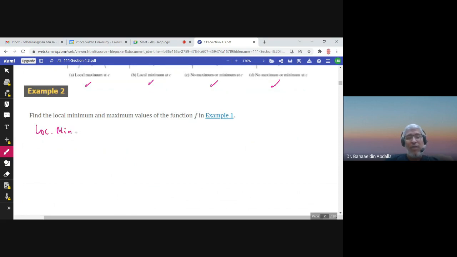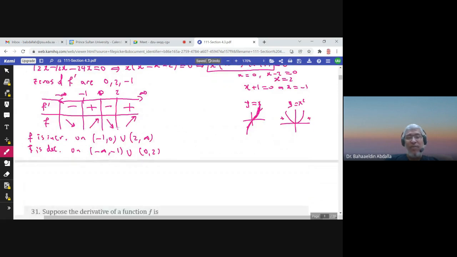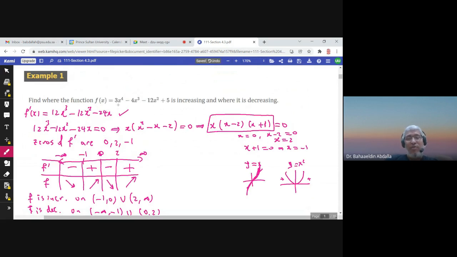So the local minimum is f of negative 1. f of negative 1 is a local minimum, and f of 2 is also a local minimum. And you can find f of negative 1 by substituting negative 1 here in f. So to find f of negative 1, I use this definition.